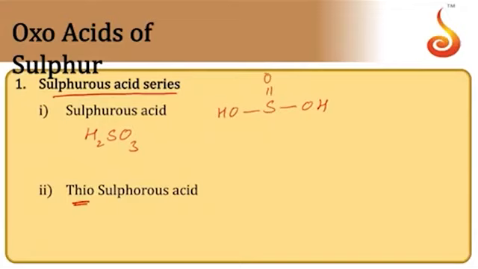If you replace one oxygen by one sulfur, those compounds are called thio compounds. Let us take the same structure here. You replace this oxygen by sulfur, and this molecule is now called thiosulfurous acid. So H2S2O2. We have replaced one oxygen by one sulfur, and it is thiosulfurous acid.